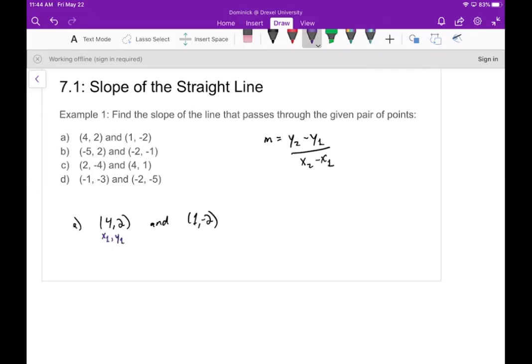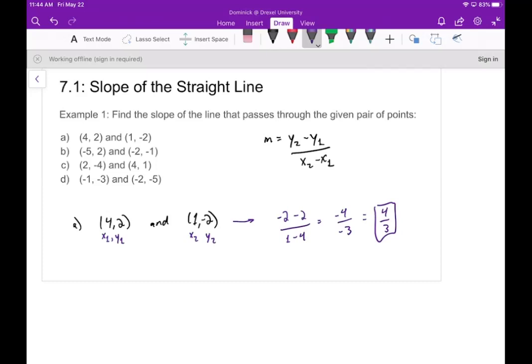We'll say that this is x1, y1, and we'll say that this is x2, y2, and we're just going to plug everything in. So we get a negative 2 minus 2 over a 1 minus 4. So we get a negative 4 over negative 3, which of course we could just simplify as 4 over 3.